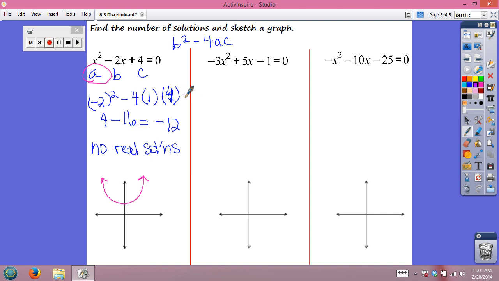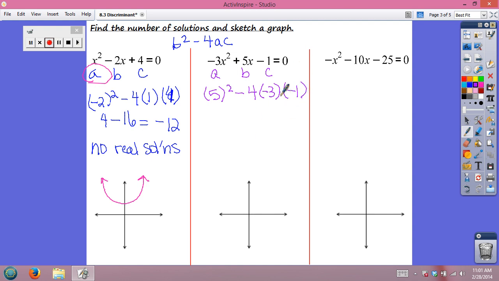Okay, so for our next example, first things first, label your A, B, and C. The next thing we're going to do is plug that into our equation. B is 5, so we get 5 squared, minus 4 times A, which is negative 3, times C, which is negative 1.